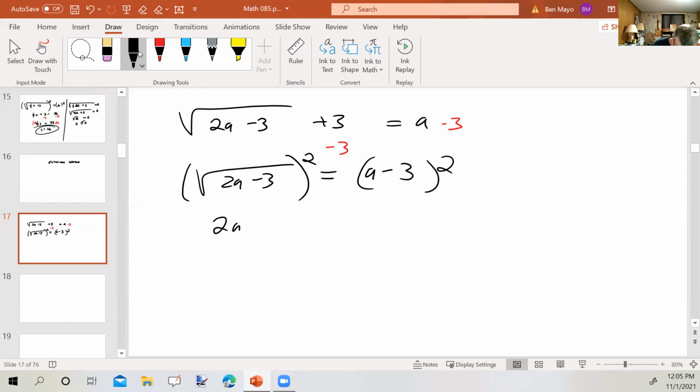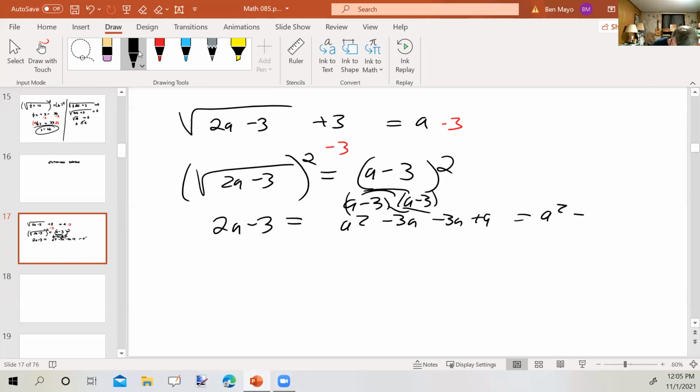So on the left side, I get 2a minus 3. On the right side, foiling together, I get a squared minus 3a plus 9, which is a squared minus 6a plus 9. So I've got 2a minus 3 equals a squared minus 6a plus 9.